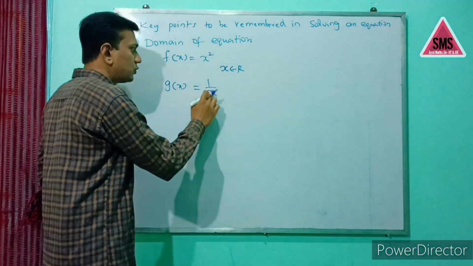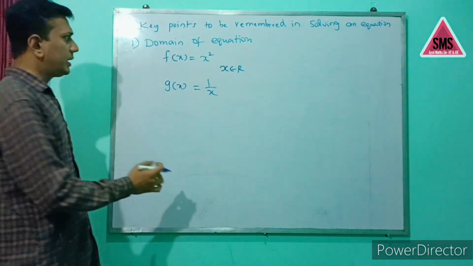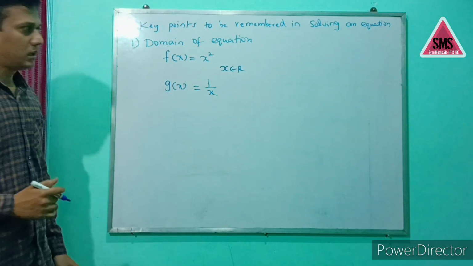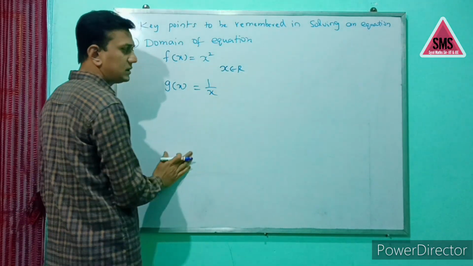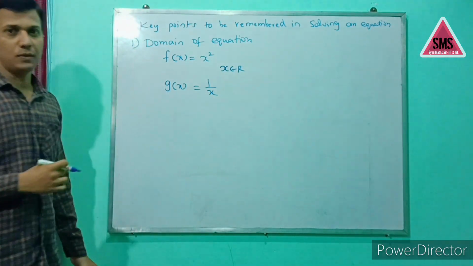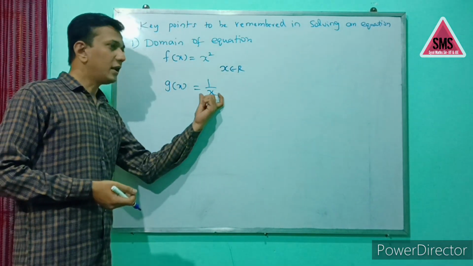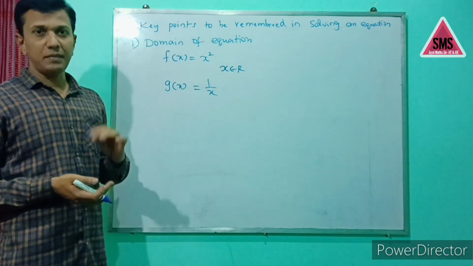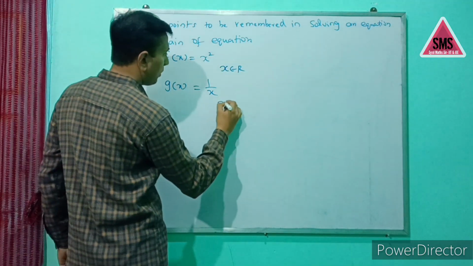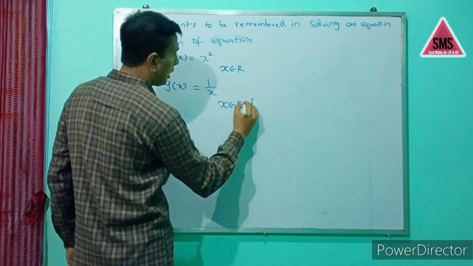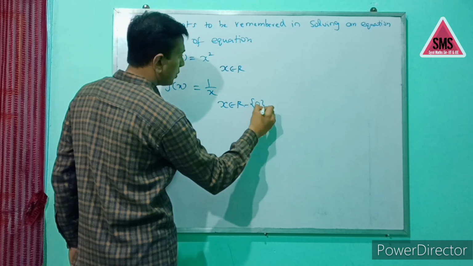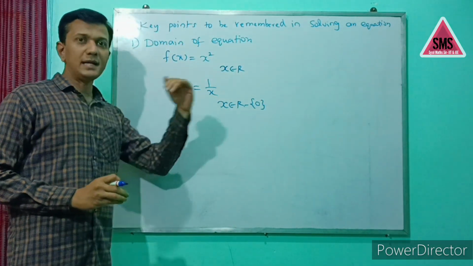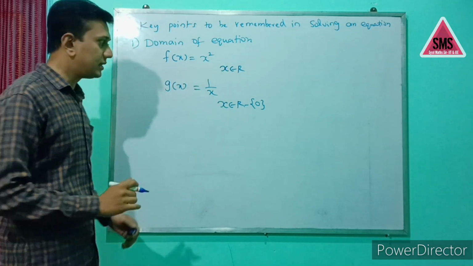Can I take all the real numbers here? No. Why? Because among real numbers I have to consider 0 also. If I keep 0 in the denominator, can we define this function? We cannot define. That means the domain of this function is going to be R minus 0. That means we have to exclude 0. Except this 0, it is suitable for every other number.